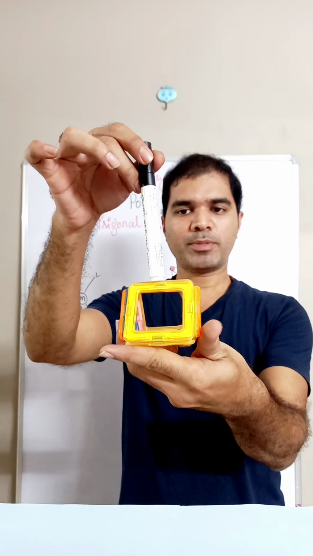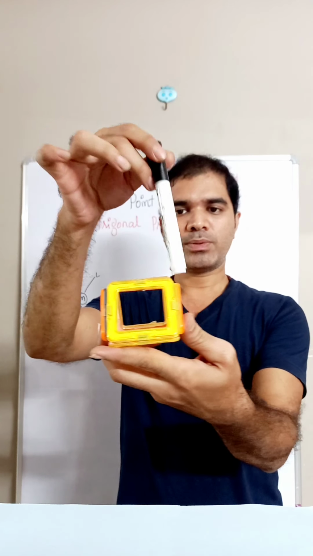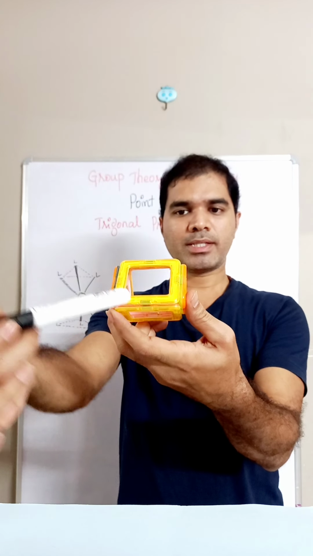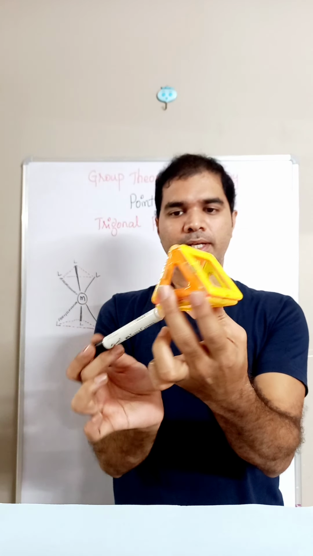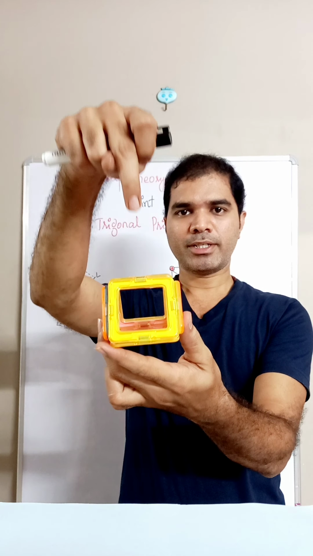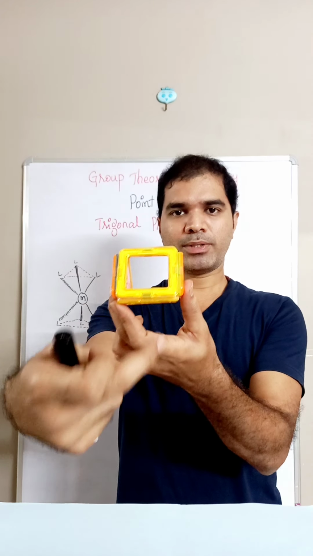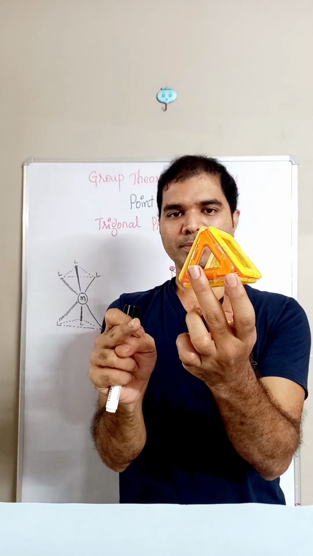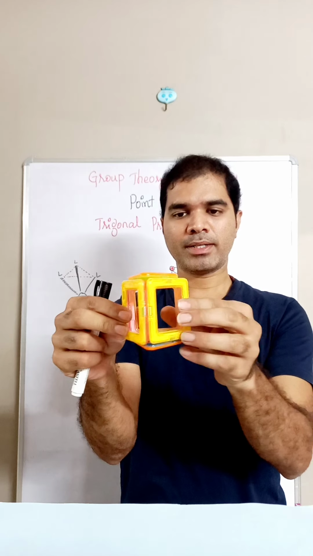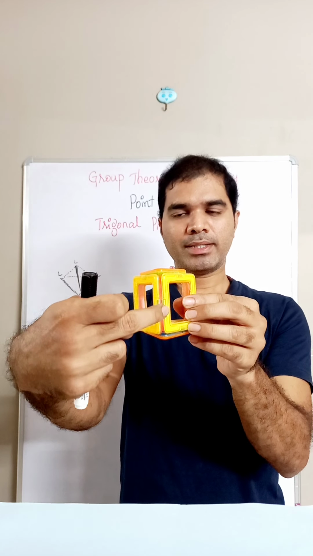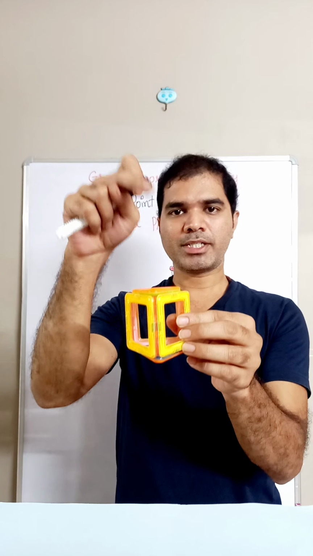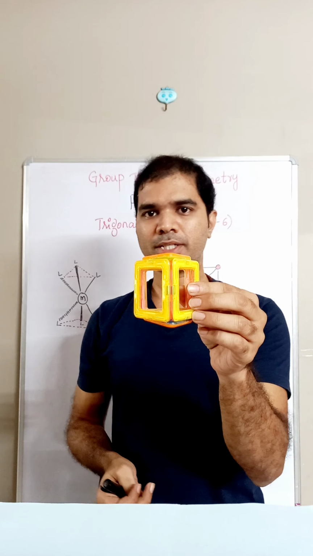So if I am able to produce one C2 rotational axis from one of these edges, here is another edge and here is a third edge. So there is a C2 from here, second C2 and a third C2. If I hold it this way, 1, 2 and a third one. All the 3 are perpendicular to the principal axis, which is the higher fold rotational axis.